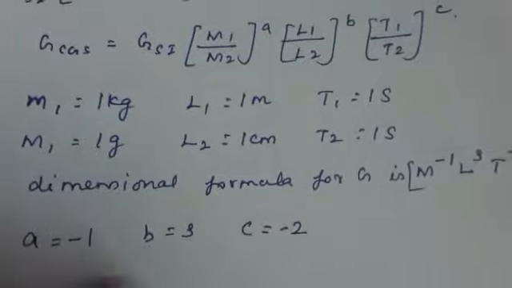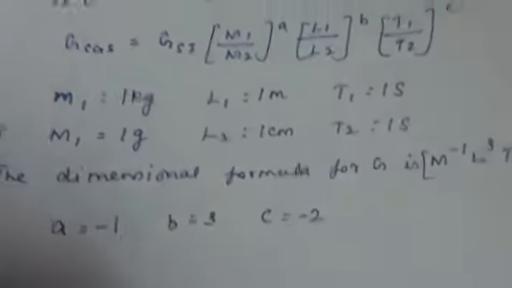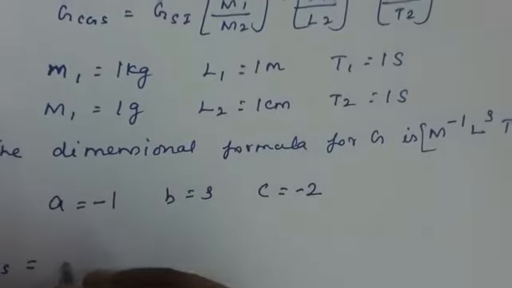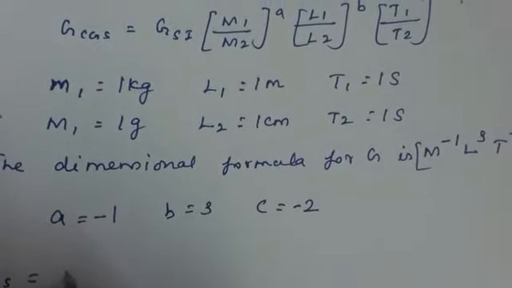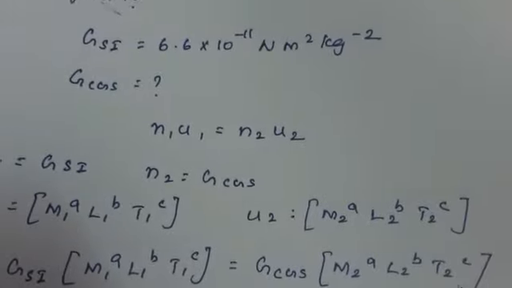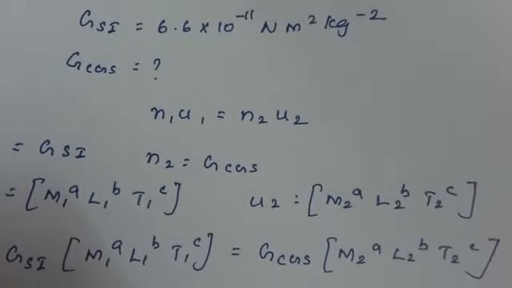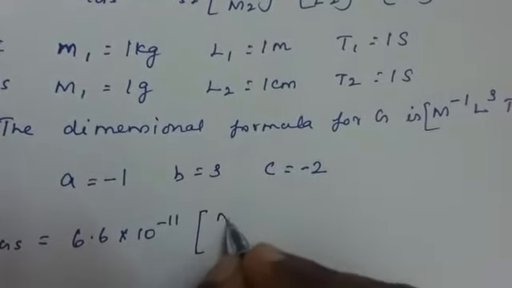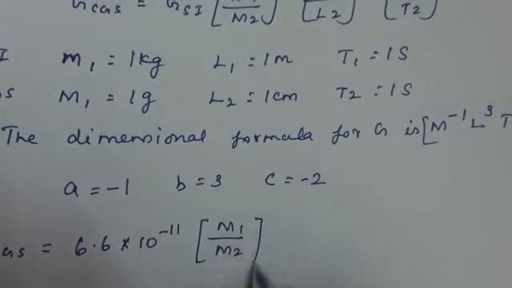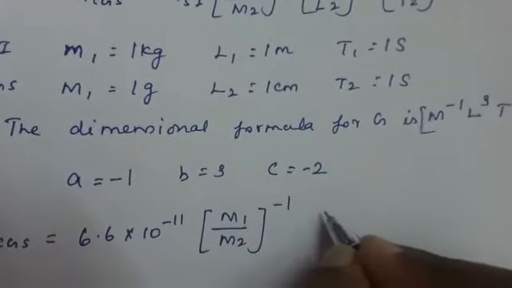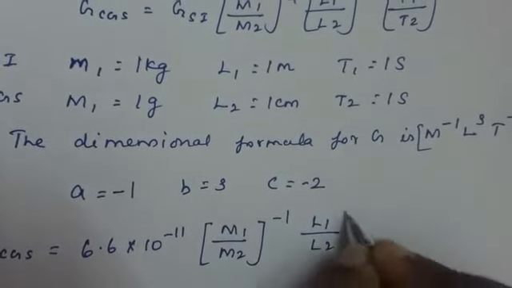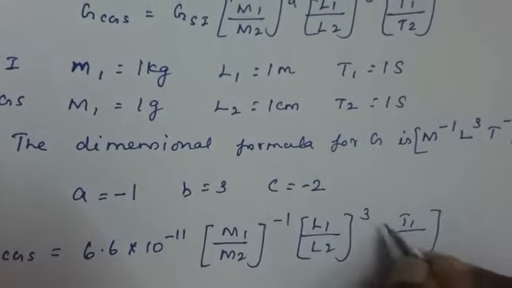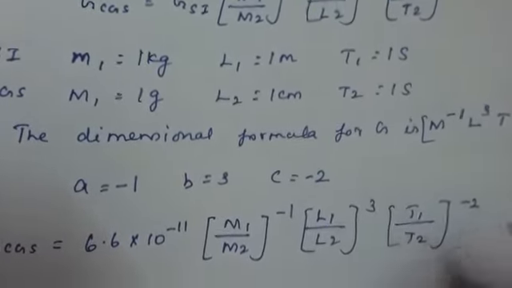Now I am going to substitute everything here. G in CGS is equal to G in SI. What is G in SI? That is given in the problem itself. That is 6.6 into 10 raised to minus 11, into M1 by M2 raised to A is minus 1, L1 by L2 raised to 3, T1 by T2 raised to minus 2.